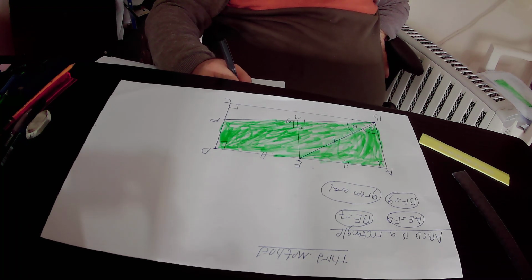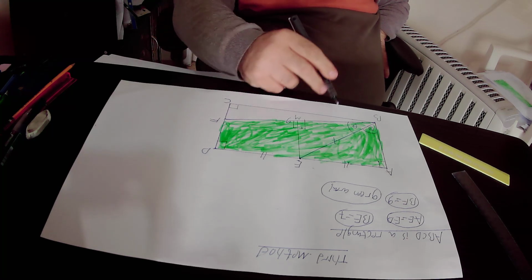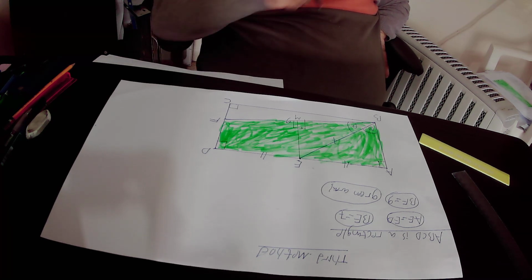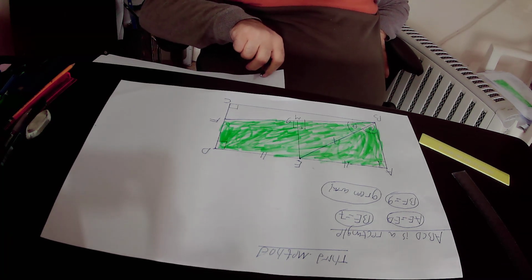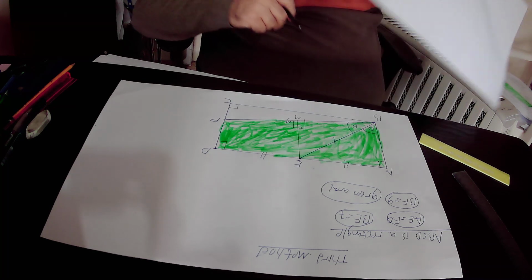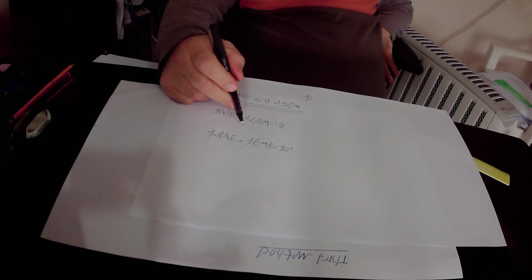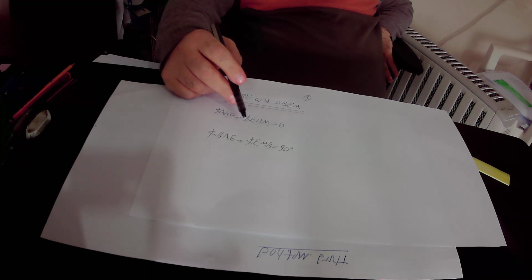Angle BAE equals angle EMB, they are both equal to 90 degrees.